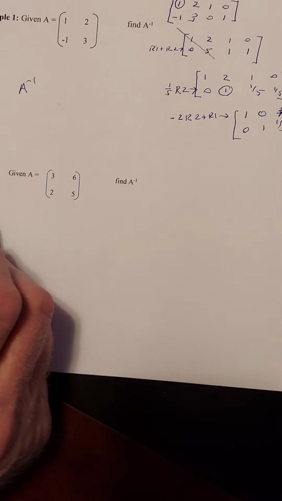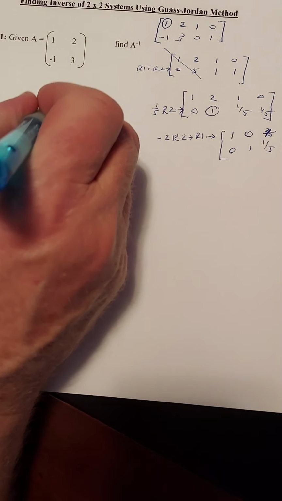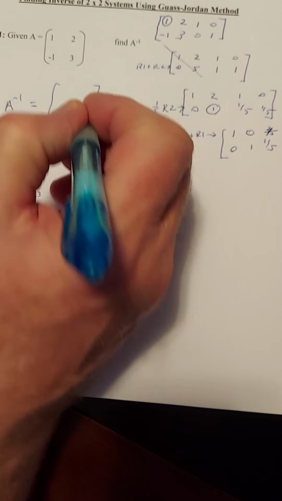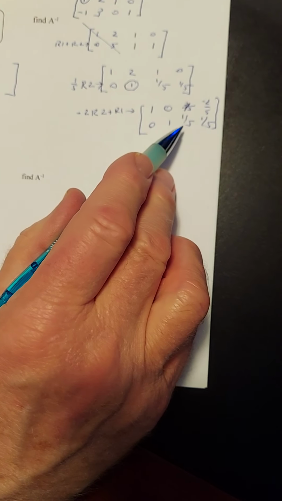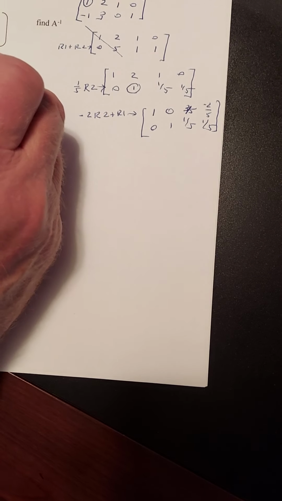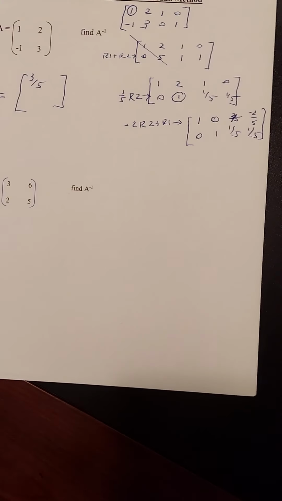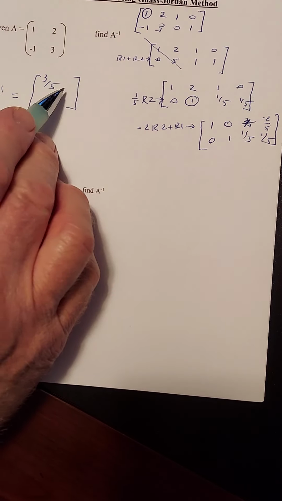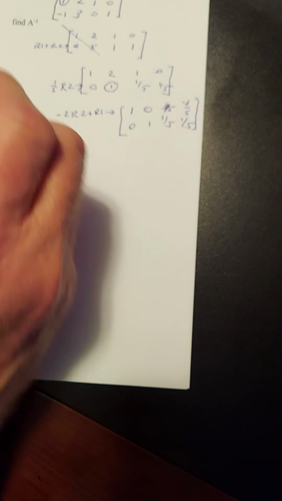So the inverse will be equal to, all I got to do is copy these numbers. I know I'm going back and forth, but I've got 3/5. My next number is going to be negative 2/5.